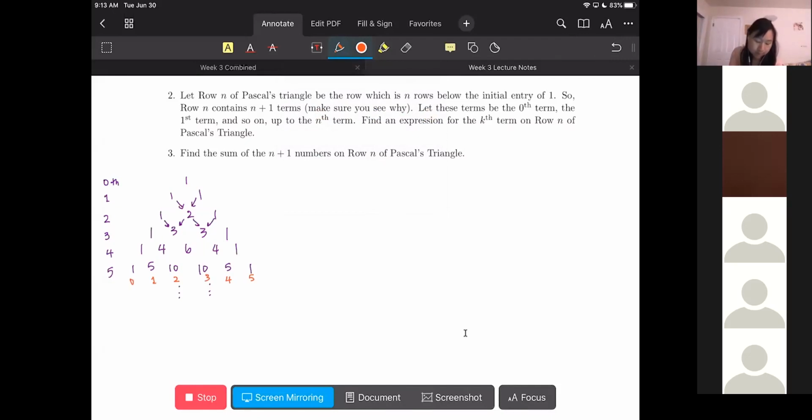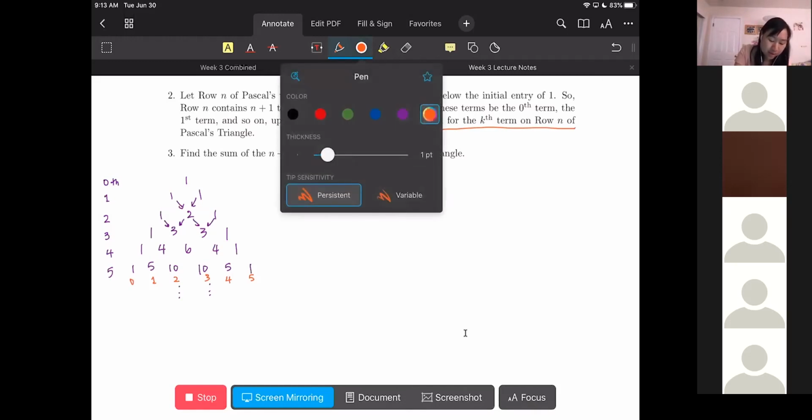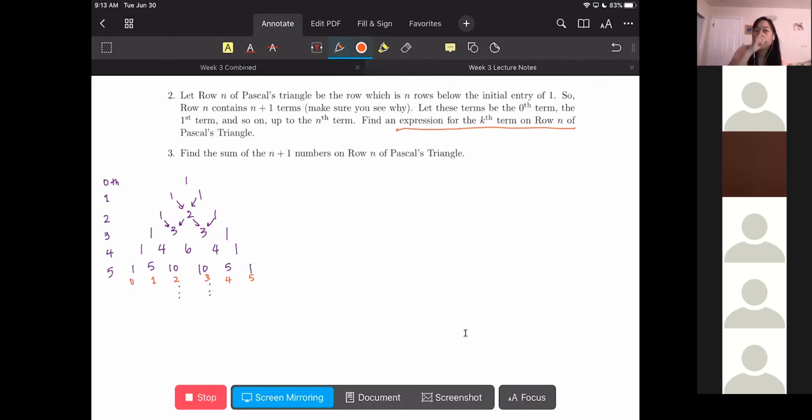Yeah. So what we want to find in this problem is an expression for the kth term on row n of Pascal's triangle. And let's see if we can use pathfinding to count this. If we try to turn this into a pathfinding problem, let me just draw out a grid here.